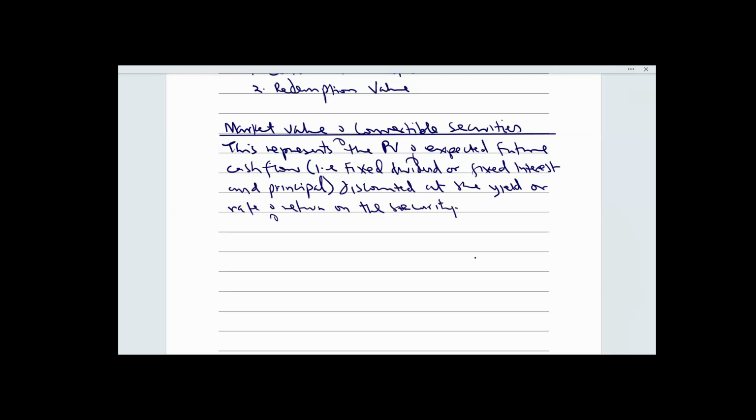You can call it yield, yield to maturity or internal rate of return. It's the same thing.